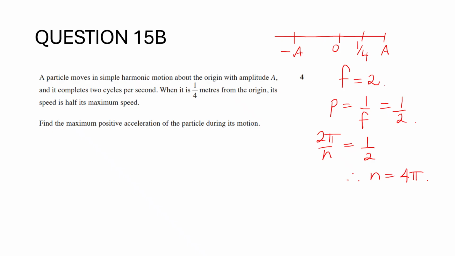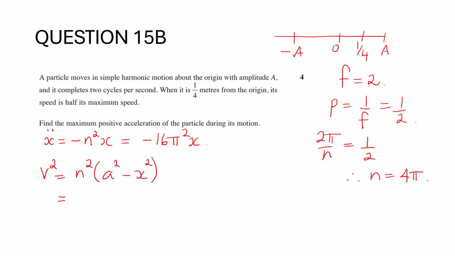Alright, so we know that x double dot is equal to minus n squared x. So that's minus 16 pi squared x. Now I'm going to use this formula, v squared is equal to n squared times (a squared minus x squared), because we know the amplitude and we know n. So it's 16 pi squared, amplitude is capital A, take away x squared.